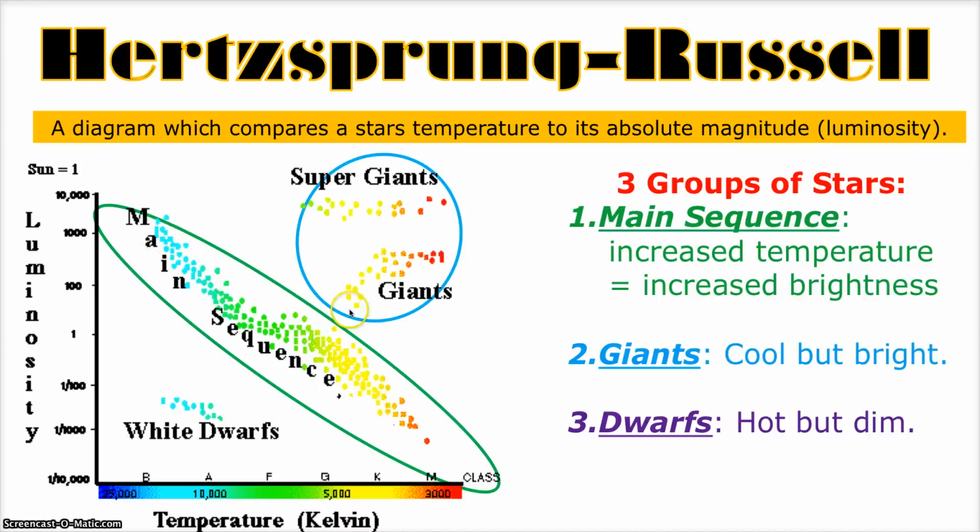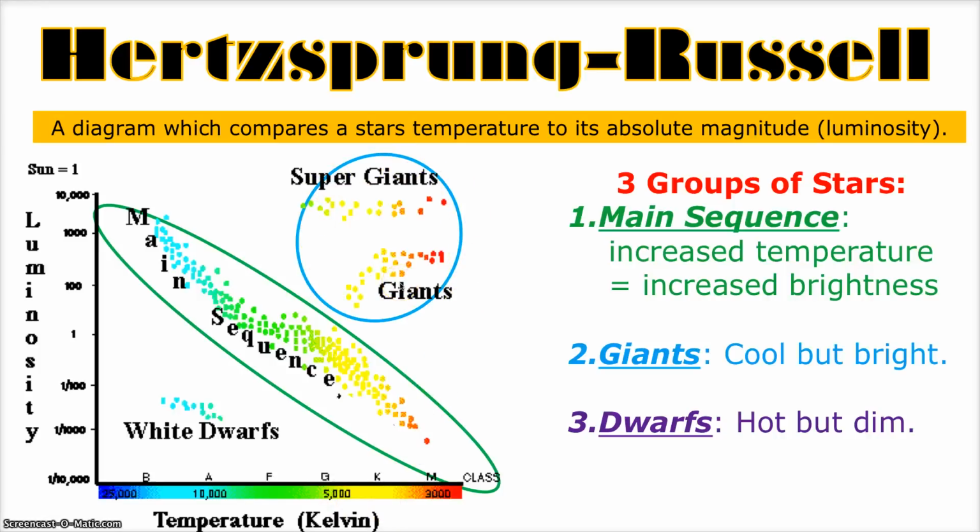The second grouping of stars can be found up here at the top right-hand side of the diagram. These are our giants. Now notice if these stars follow the same pattern as in the main sequence. I hope you said no, because supergiants are cooler stars found on the right side of the diagram, but they're at the top, which means they're very bright.